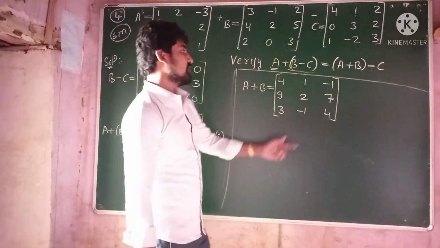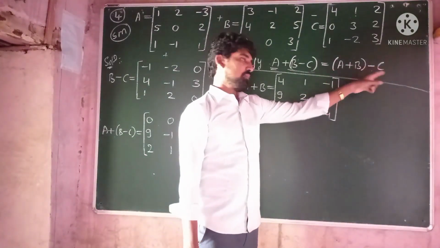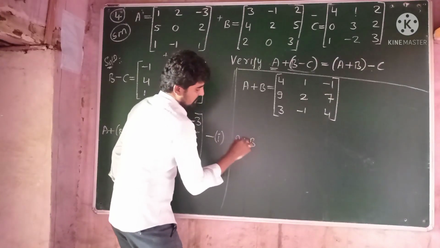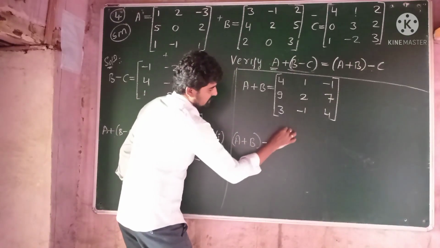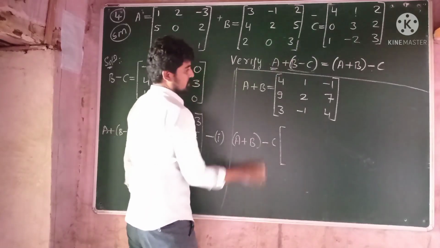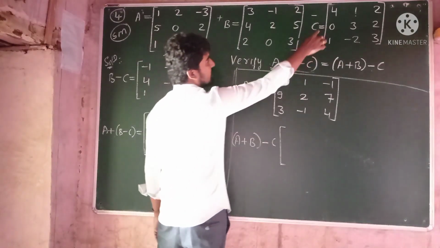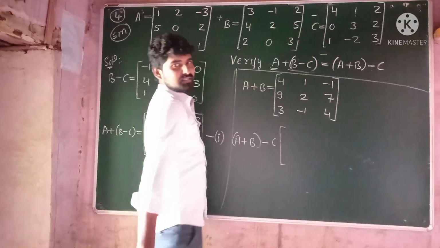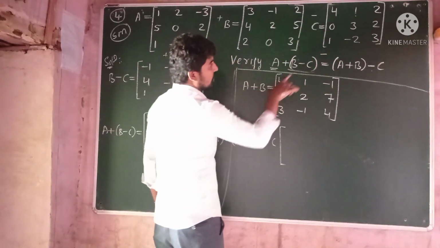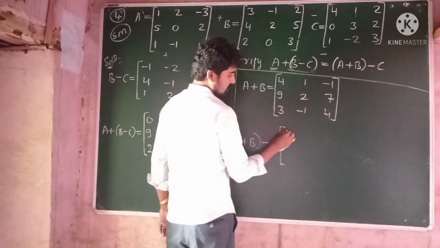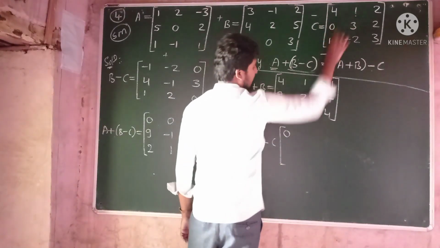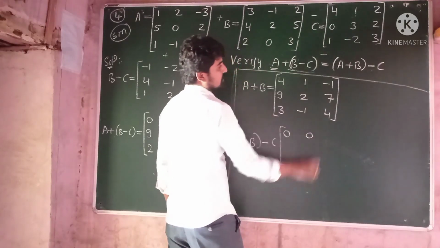And now we need to find the matrix A plus B minus C. This is the A plus B matrix and here is the C matrix. So A plus B minus C matrix: 4 minus 4, 0. 1 minus 1, 0.